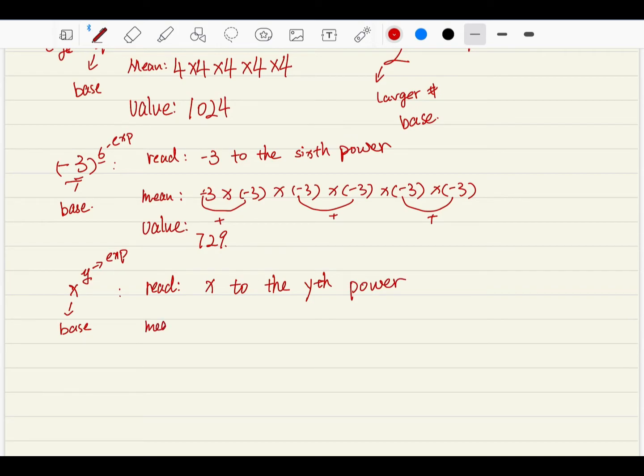For the meaning, it is x times itself y times. For the value, because these are variables, we don't know the value, so the value is still the same: x to the y power.